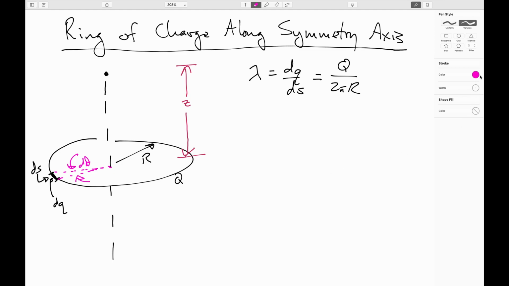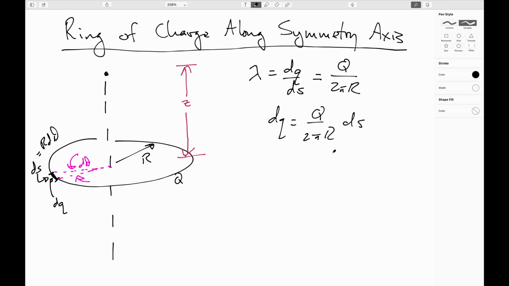So our next step is, what we've got so far is dq is equal to q over 2 pi r ds. Now we want to express this ds in terms of this d theta, which we can totally do. It's equal to r d theta by the definition of arc length.